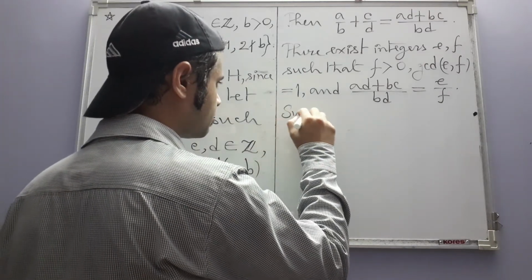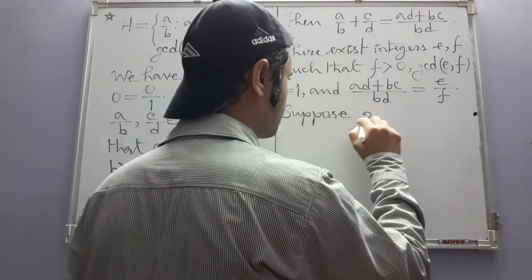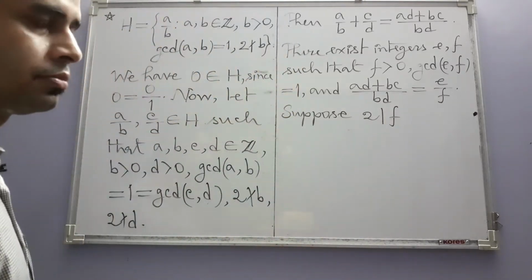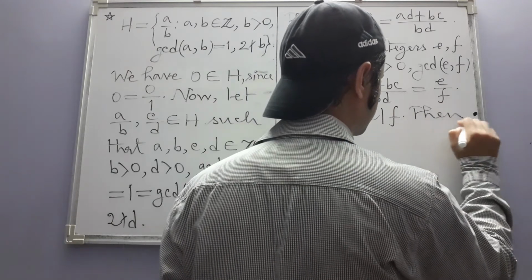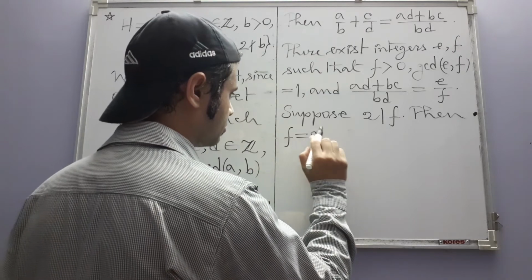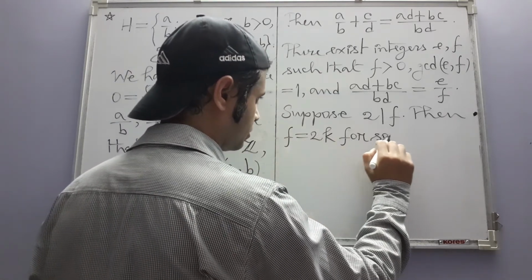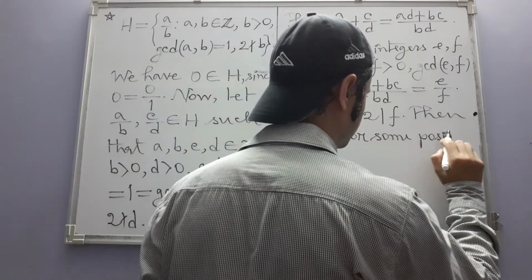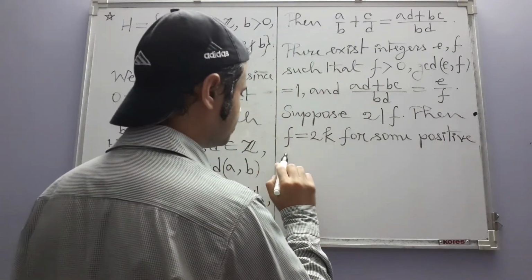Suppose 2 divides F. Then F is equal to 2k for some positive integer k, because F itself is positive.